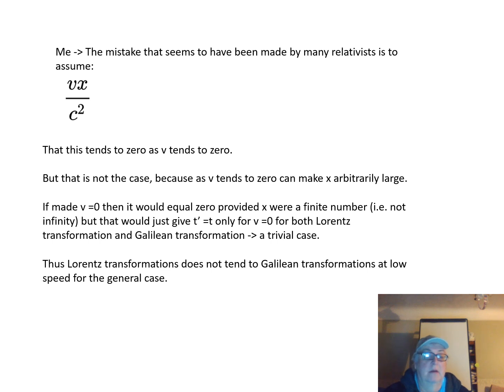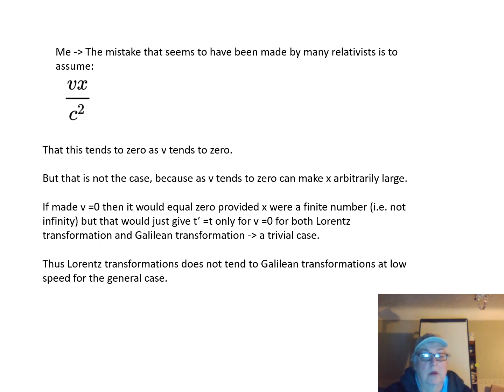If you made v equals 0, then it would equal 0 provided x were a finite number, i.e. not infinity, and that's because 0 times infinity is not a properly defined number.